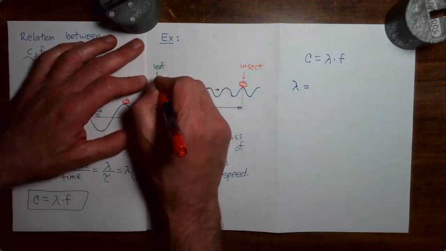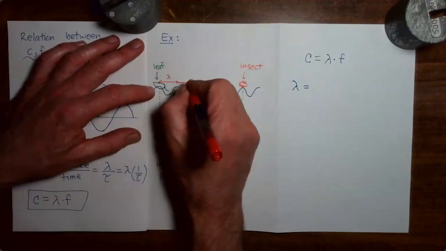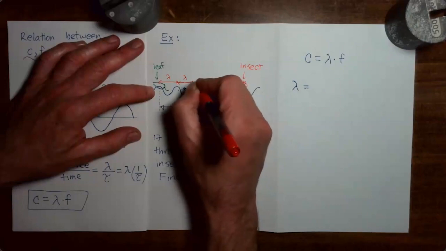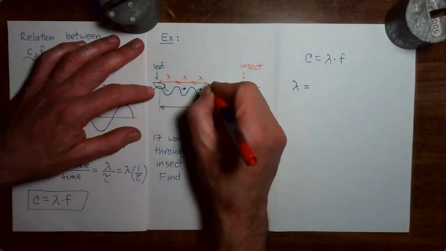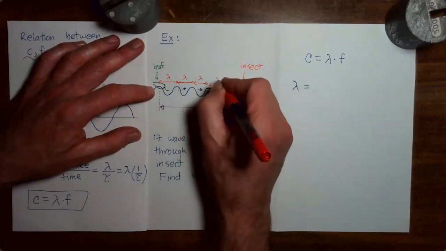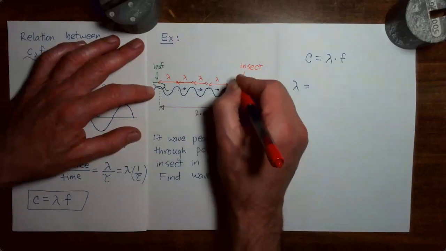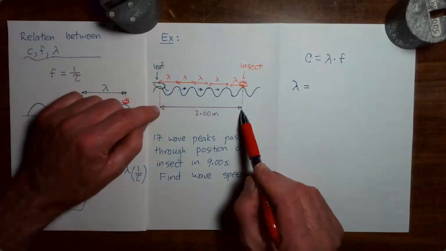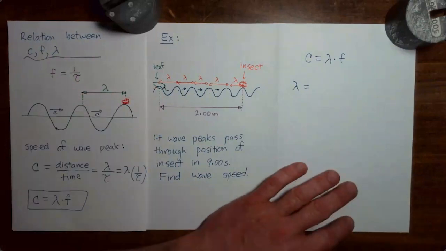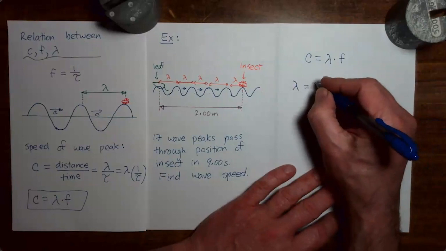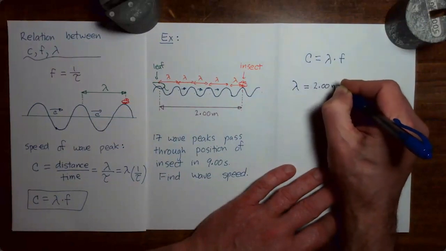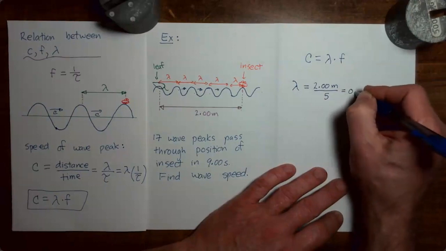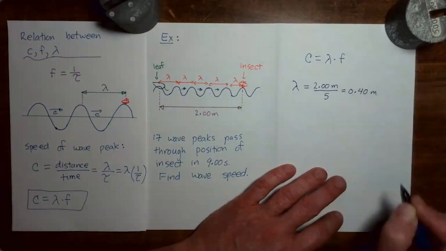So here's a wavelength 1, here's a wavelength 2, 3, 4, 5. So 5 wavelengths together make up 2 meters. So we can say that one wavelength would be 2 meters divided by 5, which would be 0.40 meters.